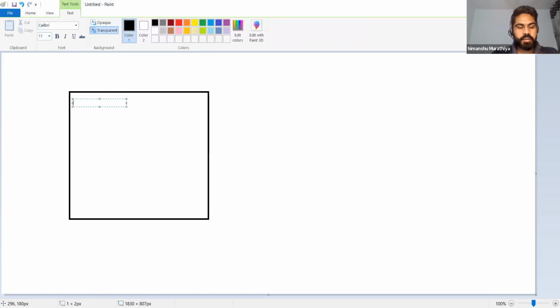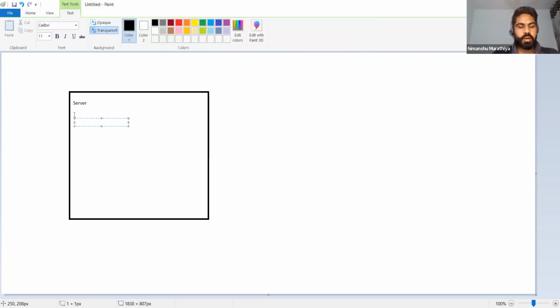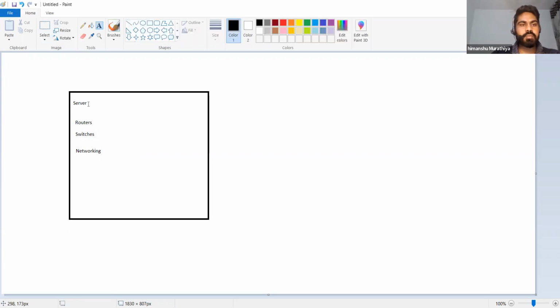We need the servers, and then we need routers, and then we need switches, and then networking, gateways, and so on. There are so many requirements to deploy a website on the internet. We need these particular things.